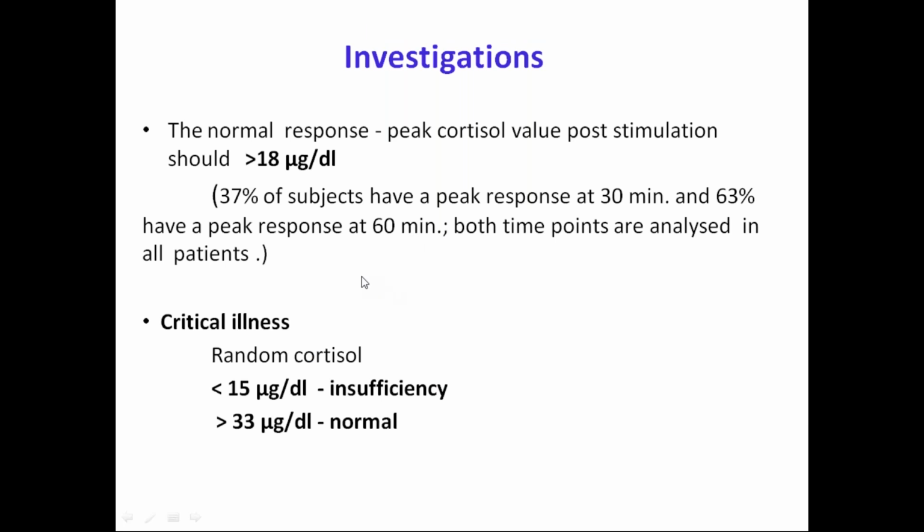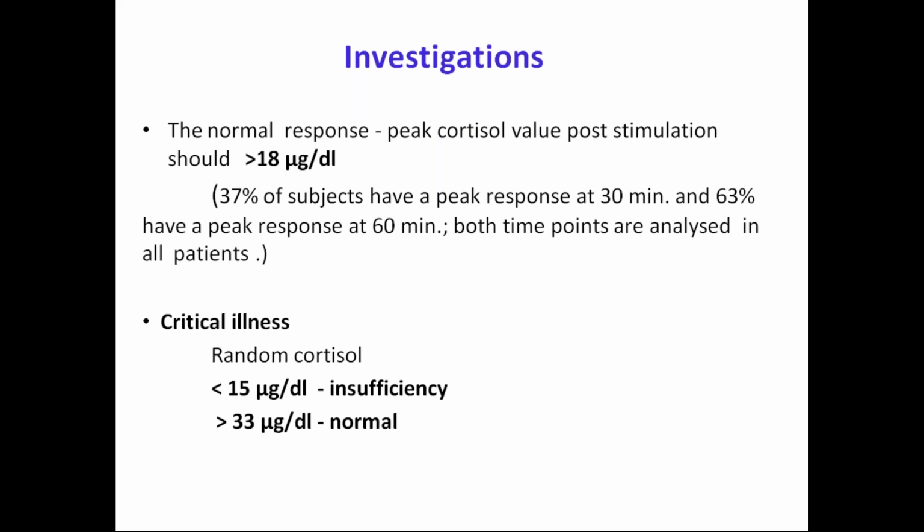So the normal response, if you give synacthen, is that there should be a rise in cortisol levels. The peak cortisol value post stimulation should be more than 18 micrograms per deciliter. But in critical illness, which means a patient is in ICU or on a ventilator, which is a very major stress level, the patient will have high cortisol levels.